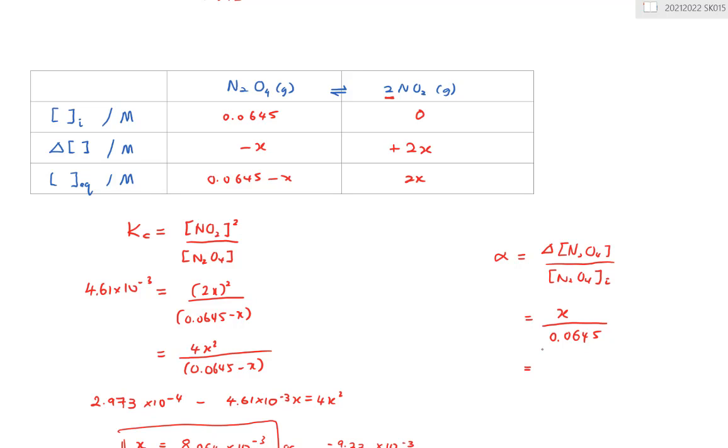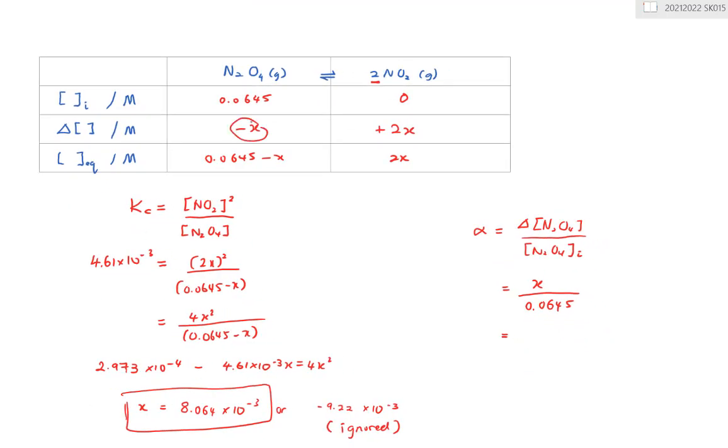The negative sign of this negative x you don't have to put in here, because negative indicates that the reactant concentration will decrease over time. So to calculate alpha, the degree of dissociation, you don't have to put the negative sign.